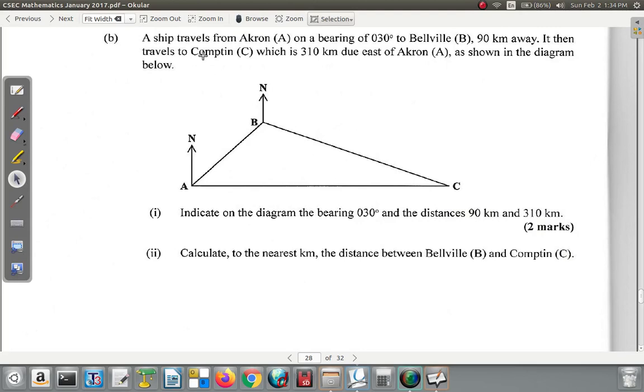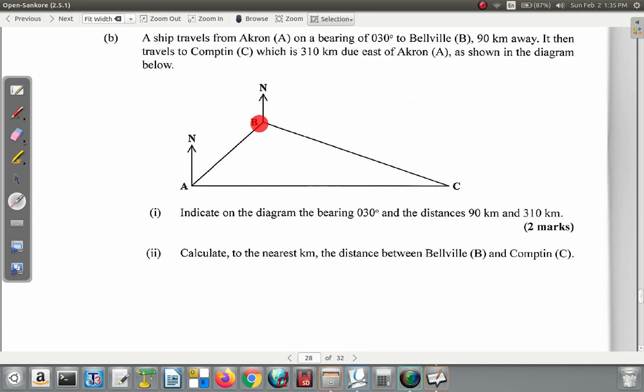We're looking at part B of question 10 of the January 2017 CSEC Maths paper 2. It says a ship travels from Akron, A, on a bearing of 30 degrees to Belleville, B, 90 kilometers away.